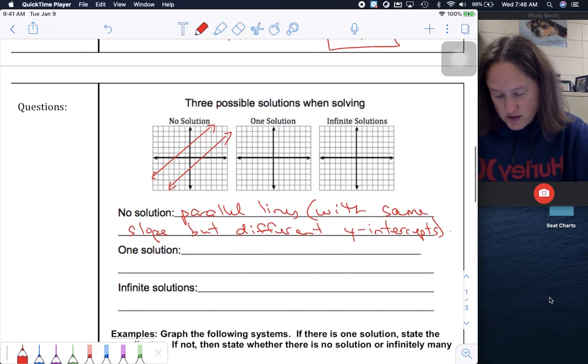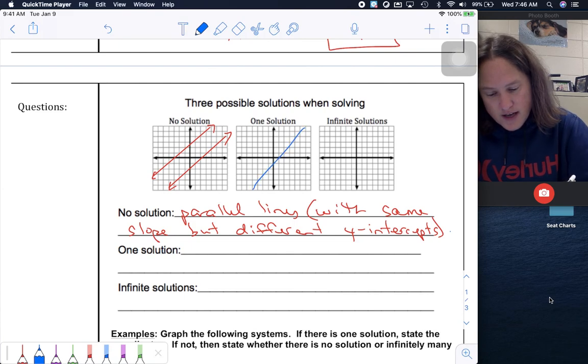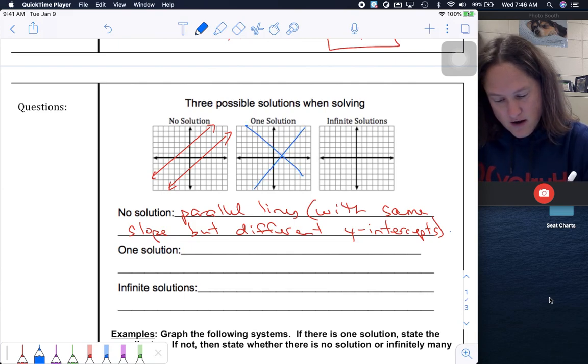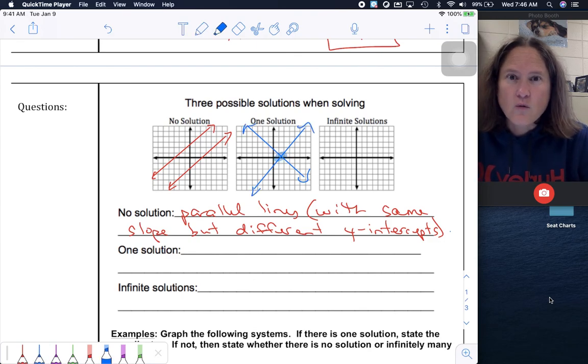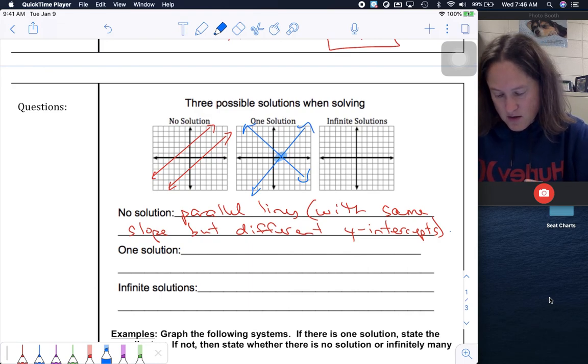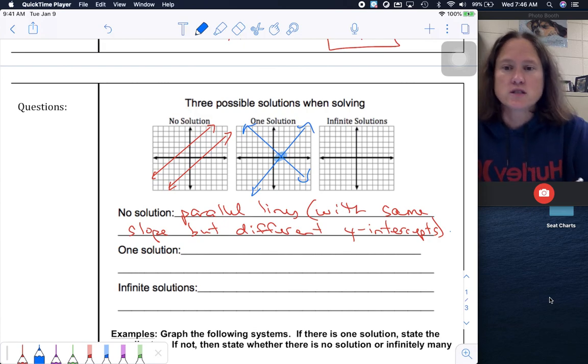One solution is going to be exactly like we just saw in example 2. You're going to have a line here and a line here intersecting at one point. So this would be your point. Hopefully it's going to intersect at a nice point like (1, 2) or (4, 3). Sometimes it doesn't though, but where those two lines intersect is your one solution.